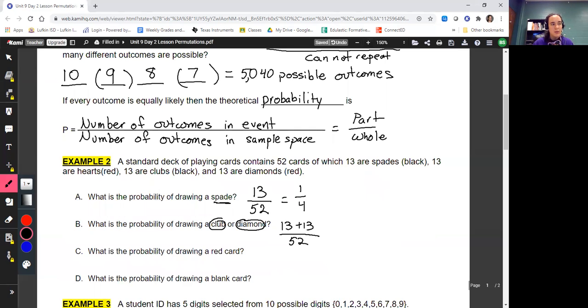So for a club or a diamond, that's why we can add it, because it doesn't say and, meaning that it's two separate events. So 13 plus 13 is 26 over 52, and that reduces to 1/2. So the probability of drawing a club or a diamond is 1/2.